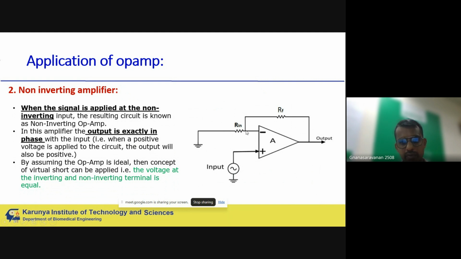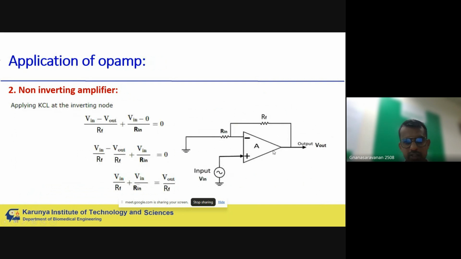Now applying Kirchhoff's current law at the same node, say node 1 or node A, gives us an expression for gain. As I told you a few minutes back, whatever is the potential at the non-inverting terminal will reflect at the inverting terminal because the input impedance is infinity. So this potential will be Vin.